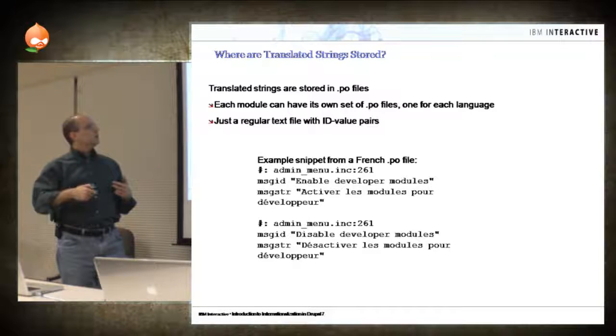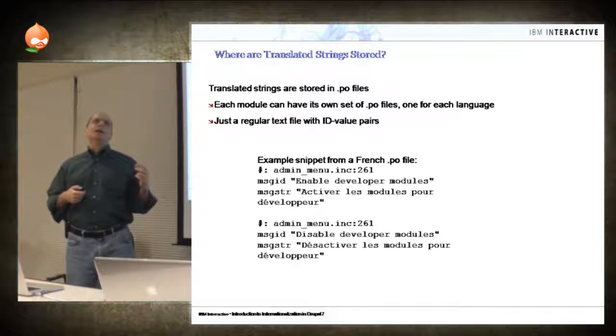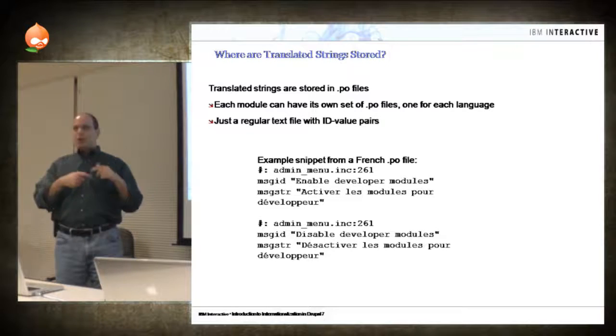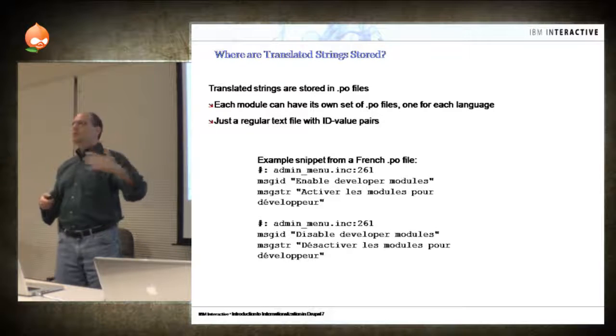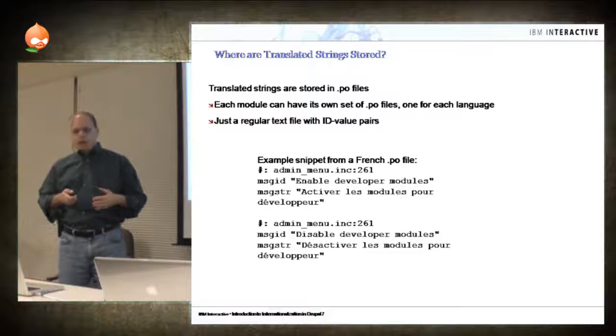Hello world corresponds to the message ID. So if you were to translate to another language, you would have to specify in a PO file written by you, hello world as a message ID, and then a message string, whatever hello world is translated to.